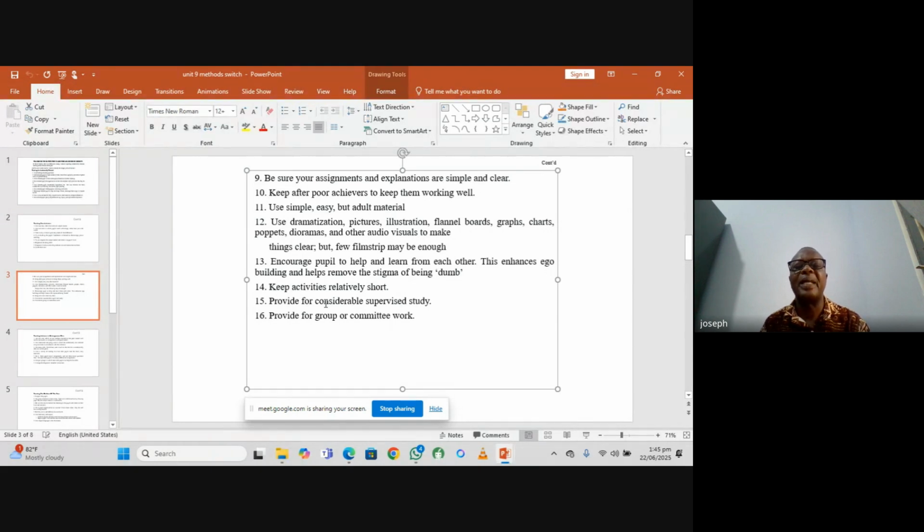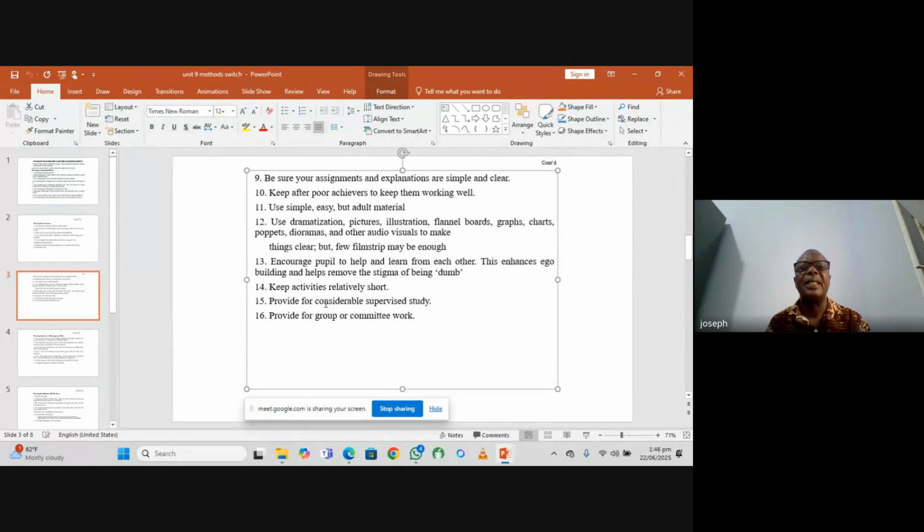Encourage people to help and learn from one another. So you can put them into groups depending on the type of group you want to form, whether you put both the achievers and the poor together, or you separate them and give them separate tasks. Depending on what you want to achieve, you put them into groups for them to learn from one another.